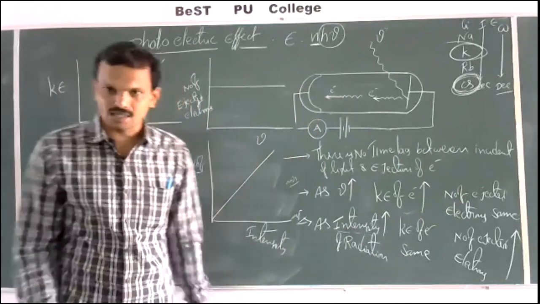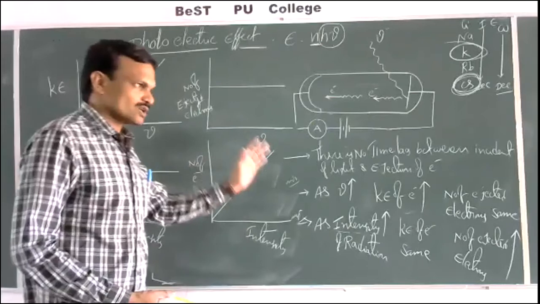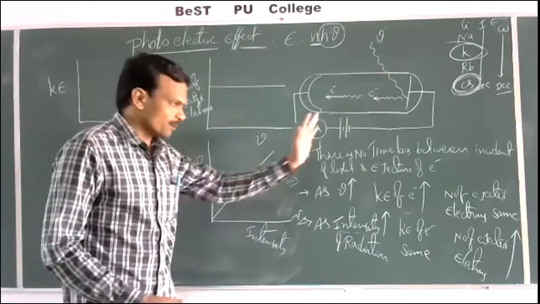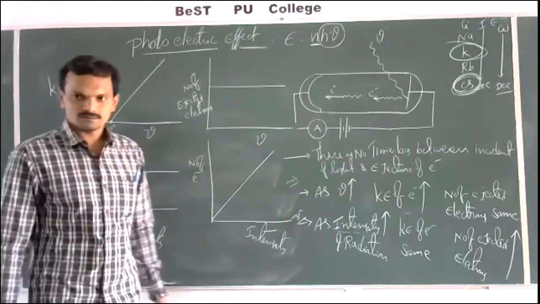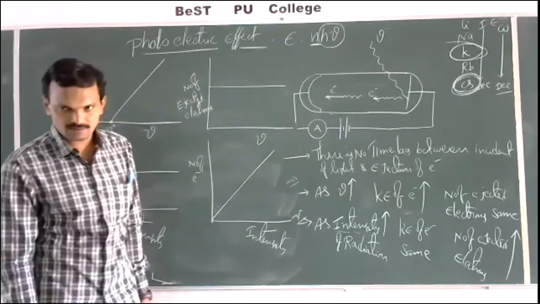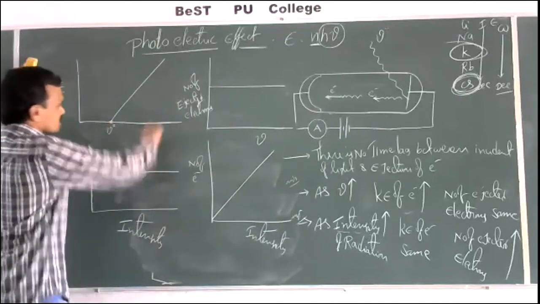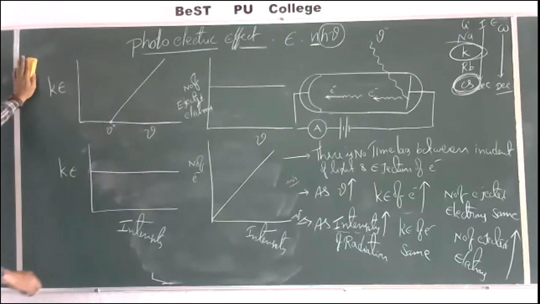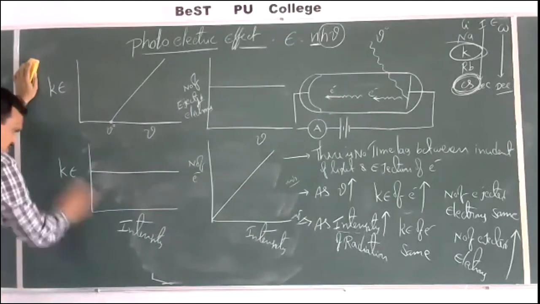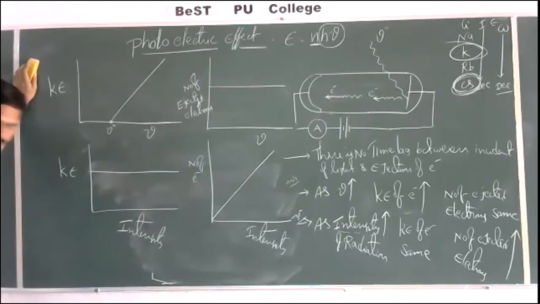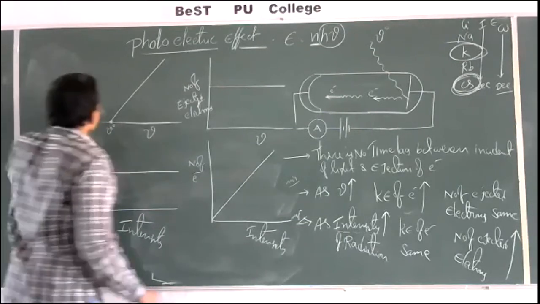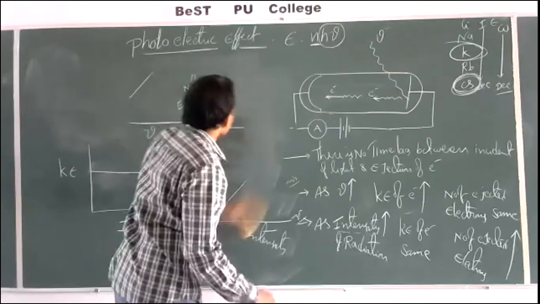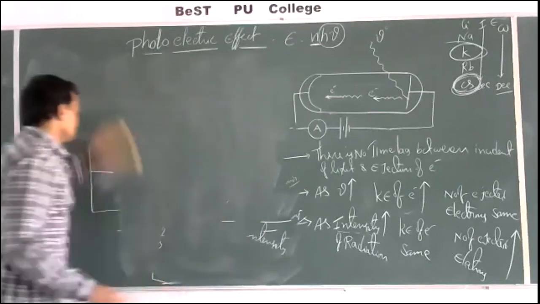As intensity increases, the kinetic energy of electrons remains the same, but the number of ejected electrons increases. These are the graphical relations of KE versus nu or ejected electrons versus nu, otherwise KE versus intensity or number of electrons versus intensity. And one more term, stopping potential.